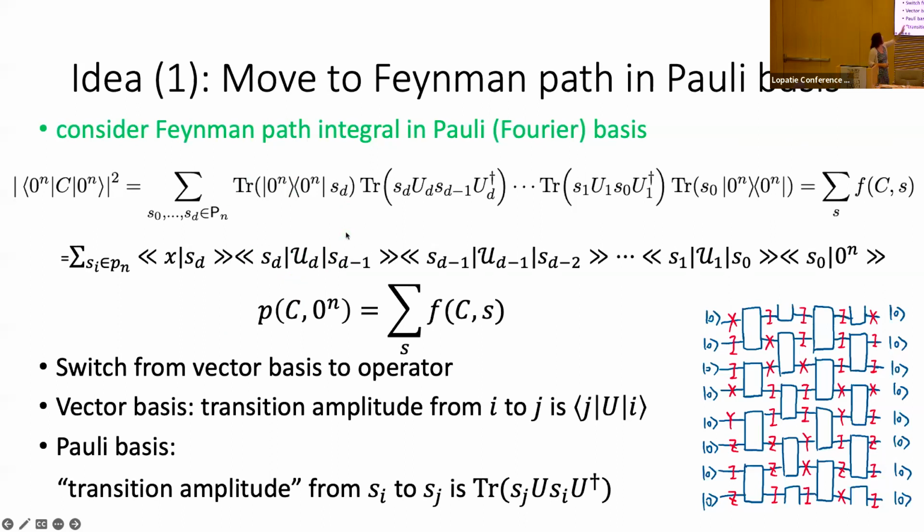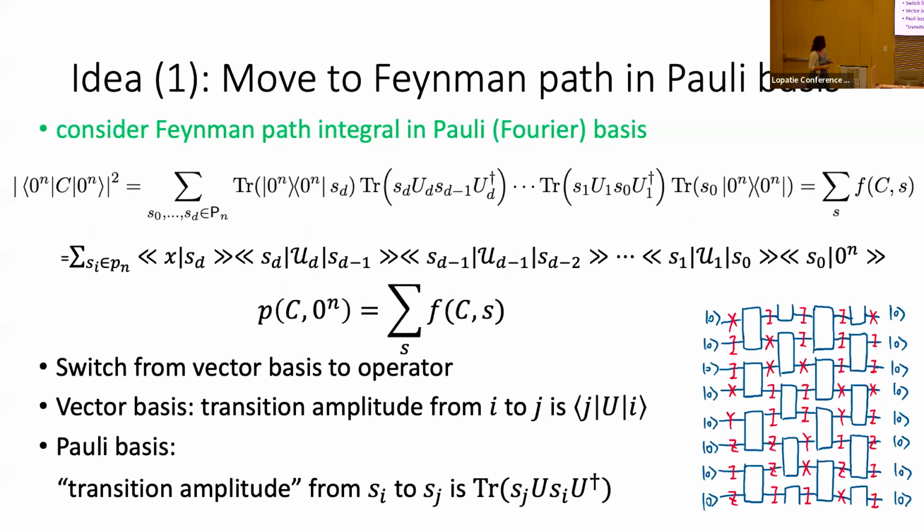I'm looking at the second line, and in the second line you basically write this probability to get the 0 to the n outcome as something like a Feynman path integral, but written in operator terminology, with density matrices. This is why the double bracket is there. And the identities that you stick in are a sum of all Paulis.